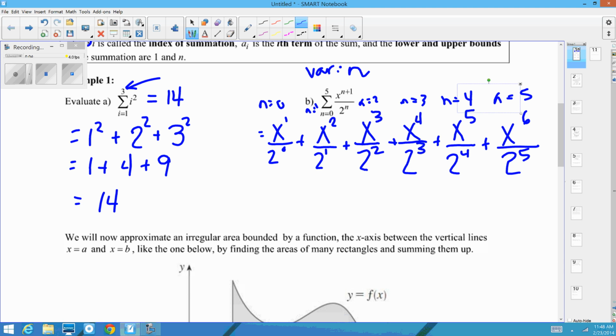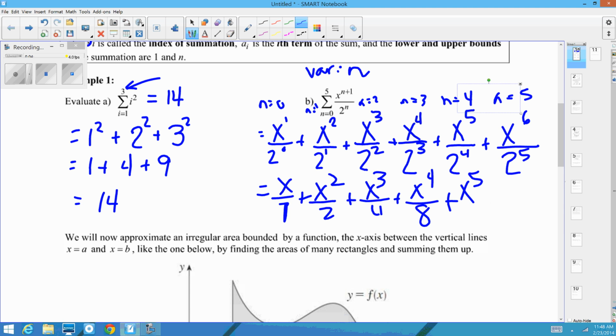That's what this function is. If you want, you could rewrite this as 1 plus x squared over 2 plus x cubed over 4, x to the 4th over 8, x to the 5th over 16, and x to the 6th over 32. That's just a different way of writing this function.